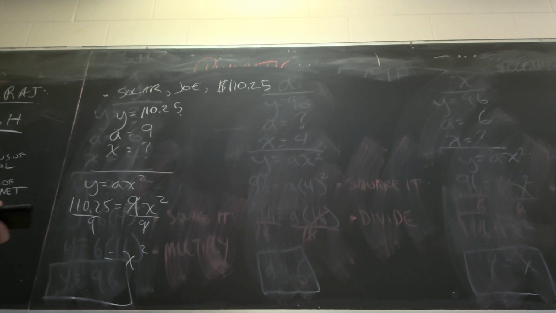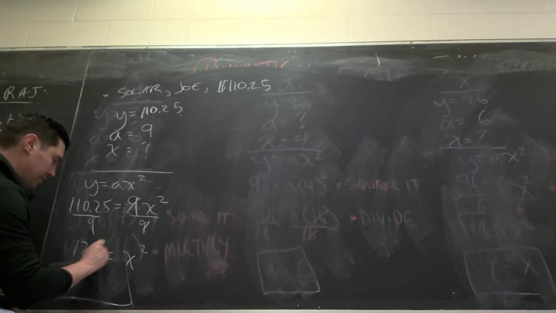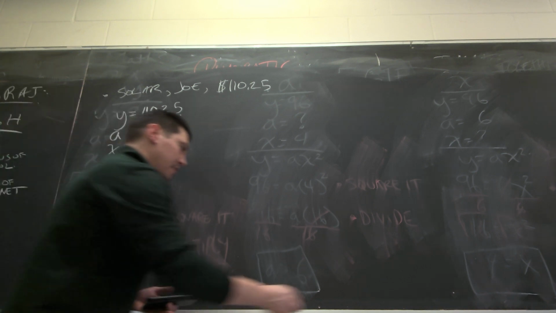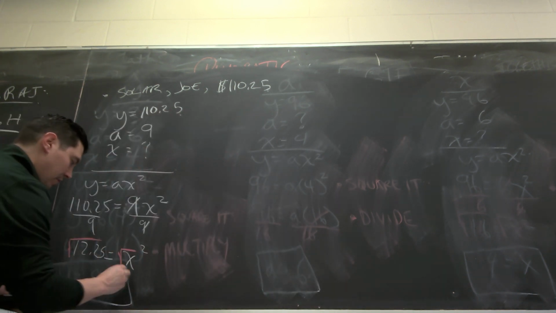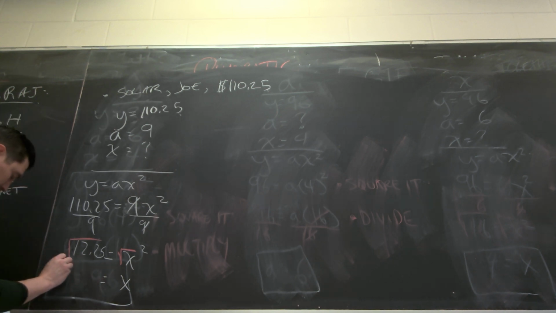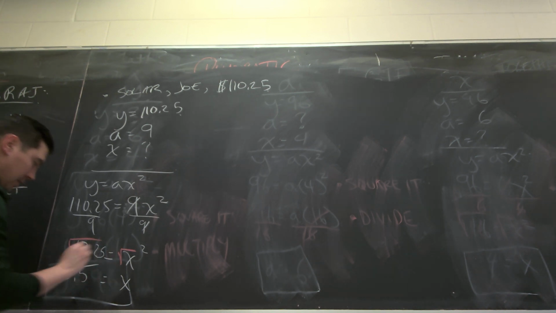It's 12.25, and then when you square root, it's 3.5. So I divide first, then I square root, so X is 3.5. Okay, so now that's done.